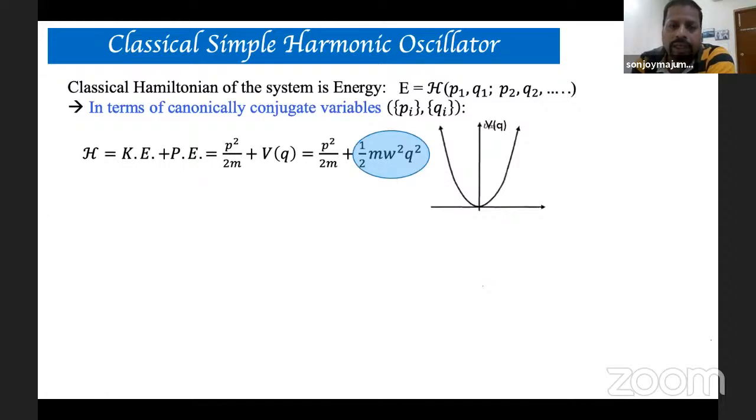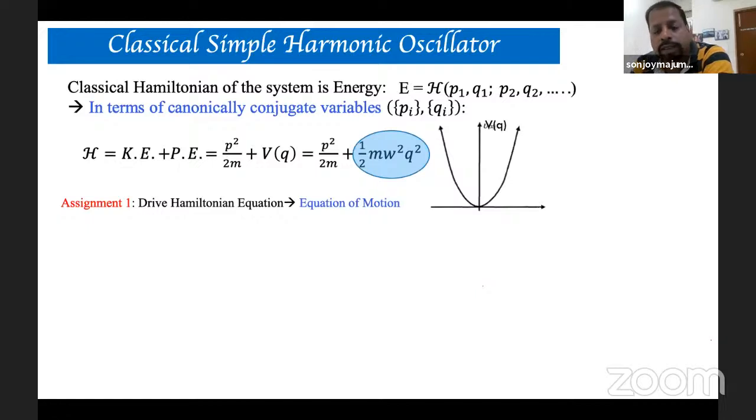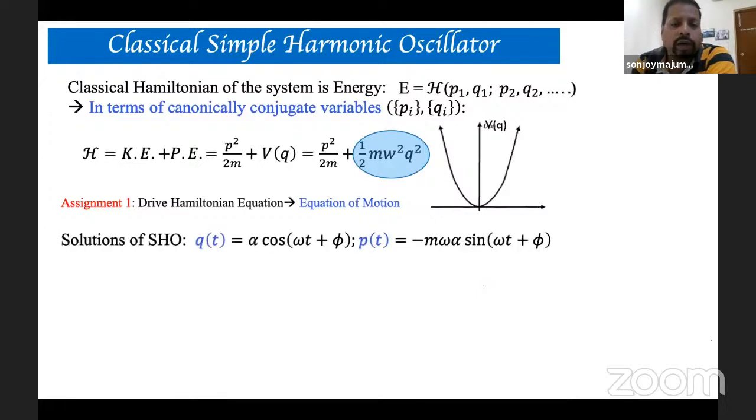Having this system, we can find out how the position and momentum vary with time, that is, derive their dynamics from the Hamilton equations. You will be able to get the equations of motion. If you haven't done it, please do it. I can leave it as an assignment, and you can work it out.